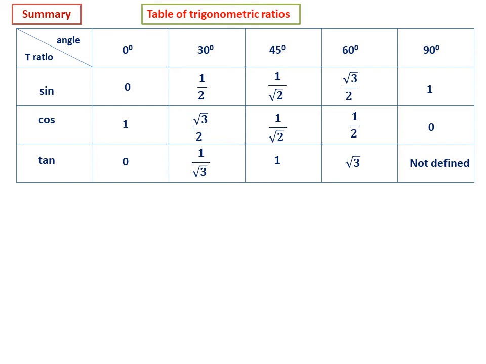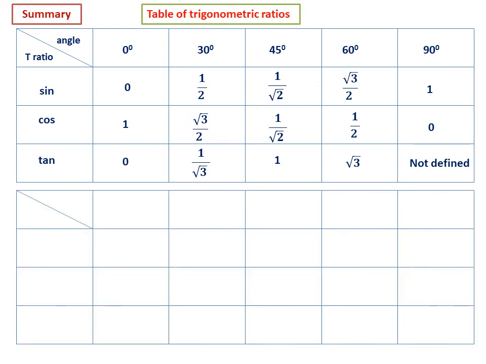Now I am also showing you, though it is not absolutely necessary to remember them, but out of interest you can just look here. One more table you can prepare for the reciprocal ratios, the T ratios and angle, and the same thing: cosec, then sec and cot. Reciprocal ratios for 0 degree, 30 degree, 45 degree, 60 degree, 90 degree.